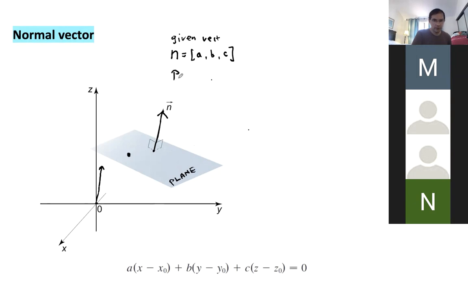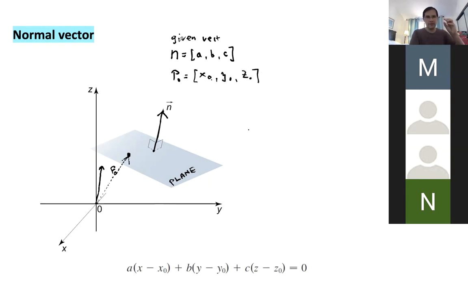So this point P0 is also given. And we can think of this point as a vector, from here to here. This is the vector P0. Let's say this vector P0 has components x0, y0, and z0.